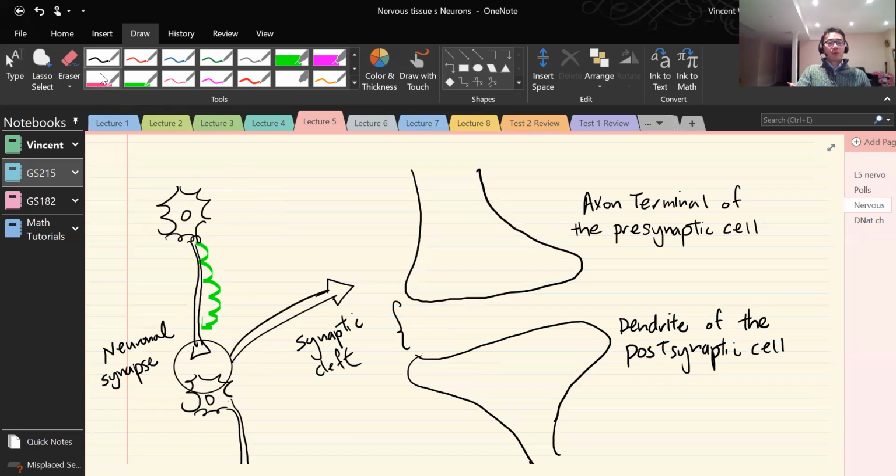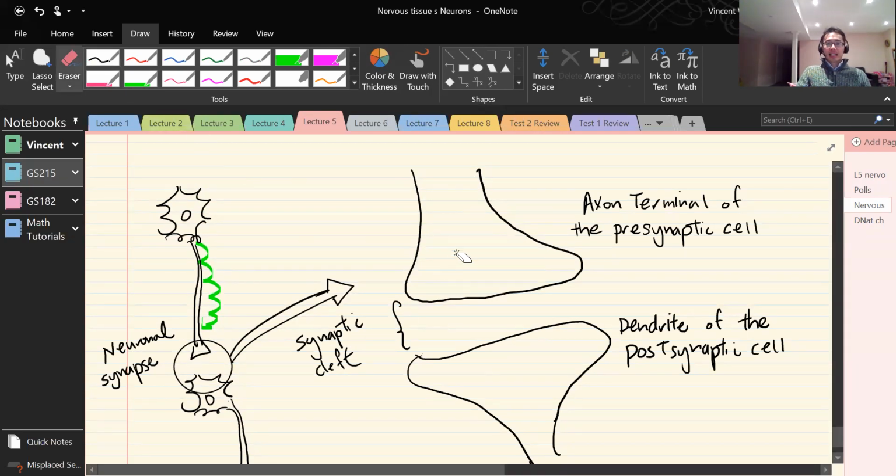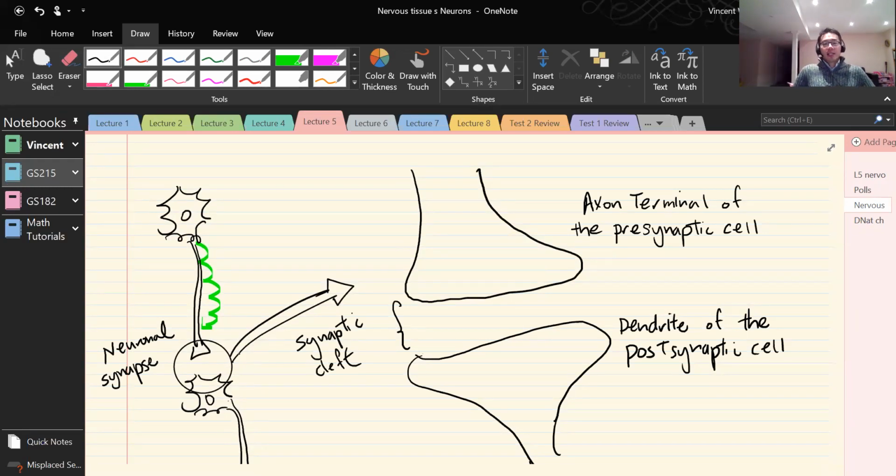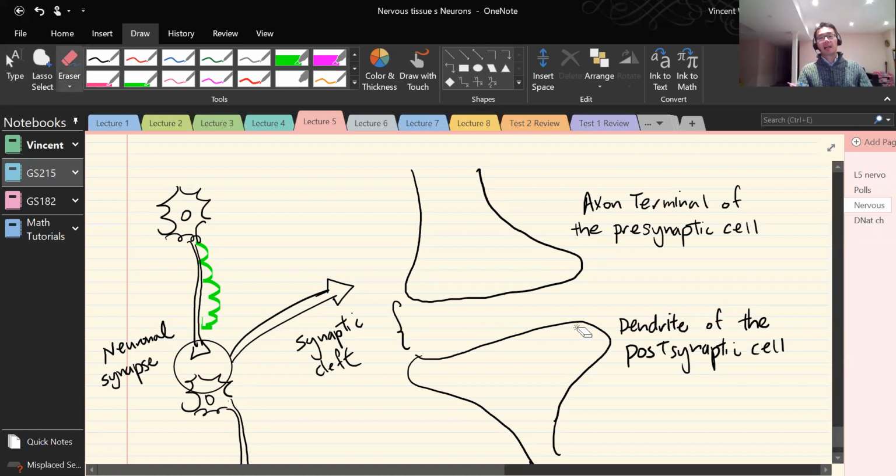Now I want to remind you that it doesn't have to be a neuron to a neuron. A synapse could be between a neuron and an effector. It could be between a receptor and a sensory neuron. So you don't always have to have a dendrite for the postsynaptic cell. It could be a muscle, a gland, or another organ. And that is important.